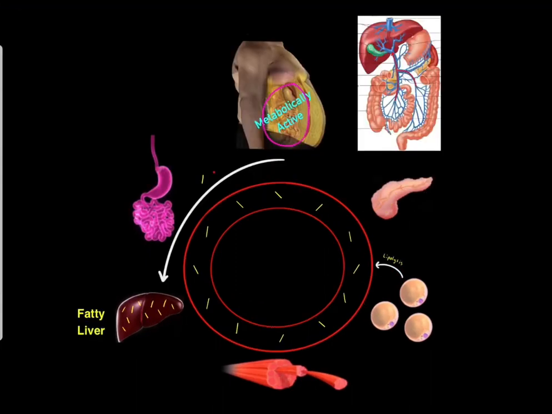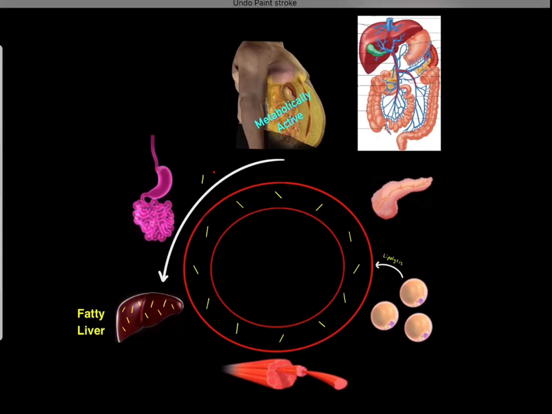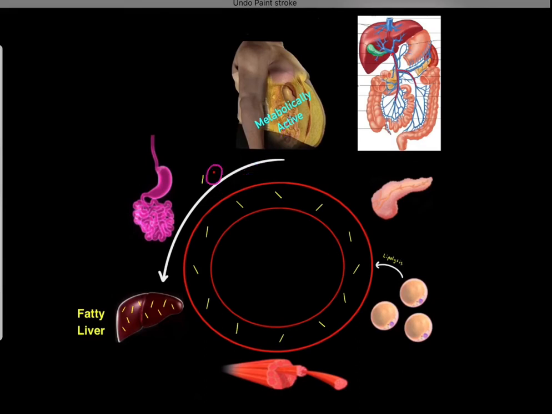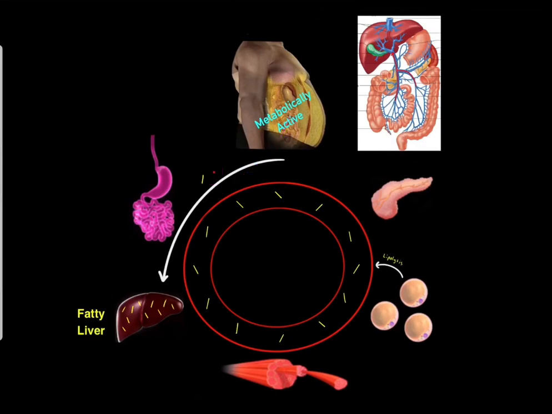So this visceral fat is extremely metabolically active, which means it's going to release a lot of free fatty acids, and it's going to release a lot of inflammatory cytokines. And what's important to realize is, due to the anatomy of the body, all those free fatty acids and inflammatory cytokines that are being released from this visceral fat are going through the portal system, which is going straight to the liver.